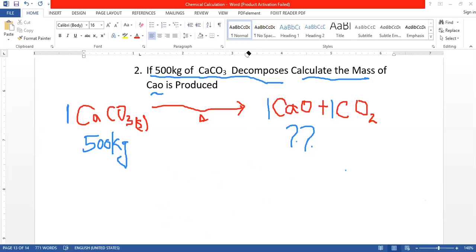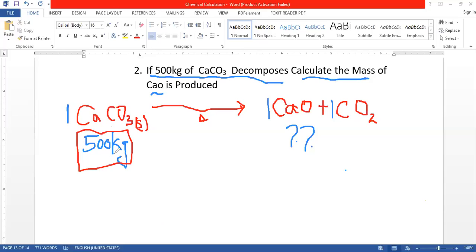Look what I'm going to do here. You have to find the mole of 500 kilogram. How to find the moles?